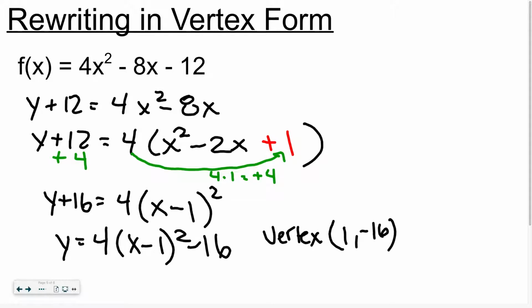The vertex would be at 1, -16. Again, Jessica's method would work if we did opposite b over 2a, plugged it in to get the k, and then, like Alex's question about the a, it doesn't change. The a is going to be 4. It's still a vertical stretch of 4 for both graphs.